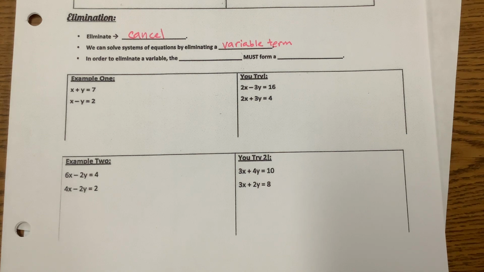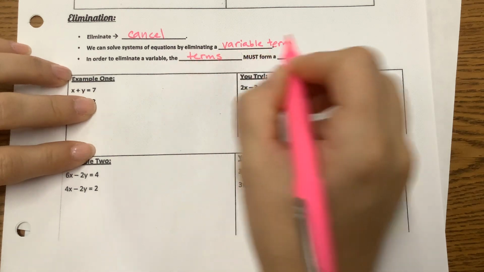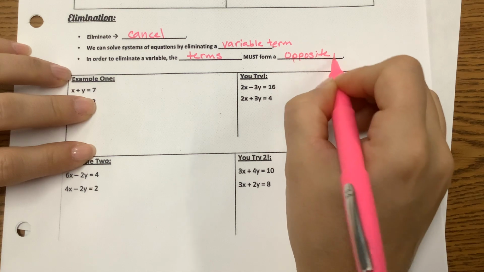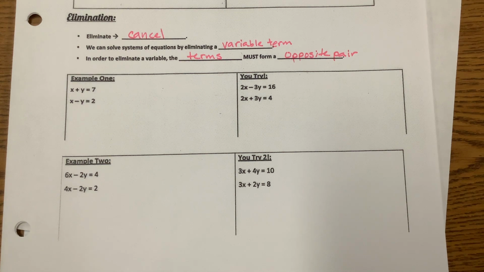Okay, in order to eliminate a variable, the terms must form an opposite pair. Meaning we want one to be like 3 and the other one to be like -3. Okay, we're trying to eliminate a variable, so it doesn't matter what the constants are.